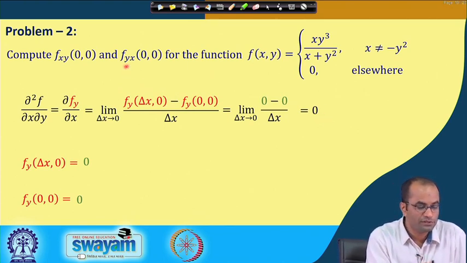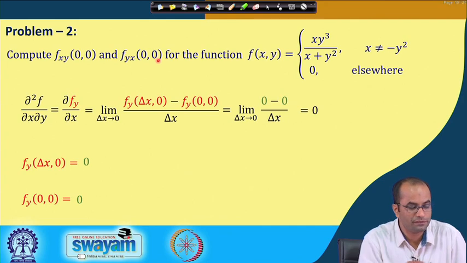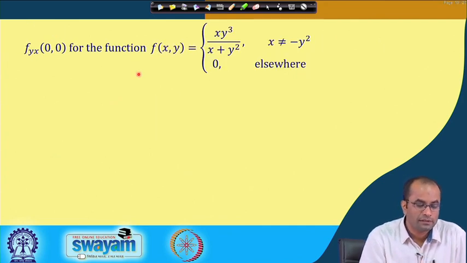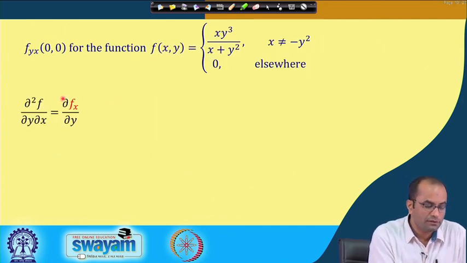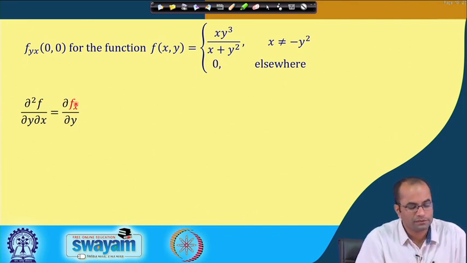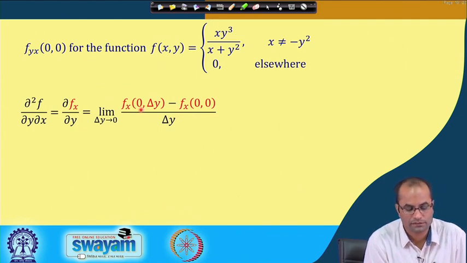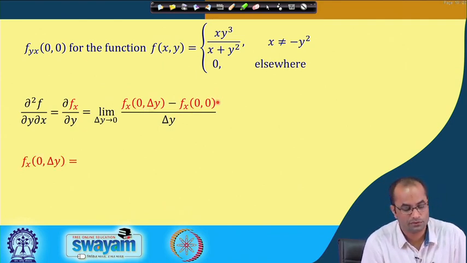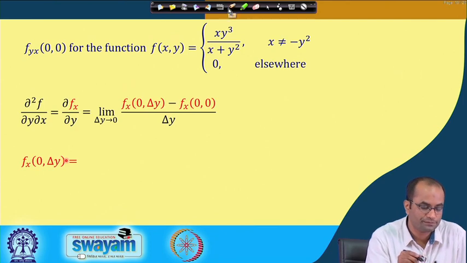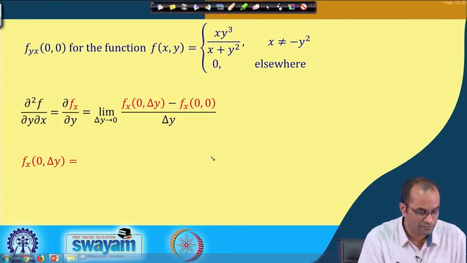Now, we will compute the other one, f_yx of this function. So, here now the partial derivative with respect to y of this function f_x, again by the definition. So, an increment in y, and then we need to compute again these partial derivatives here at (0, Δy) and at (0, 0). So, if we compute this at (0, y), what will happen? We are computing now (0, Δy).